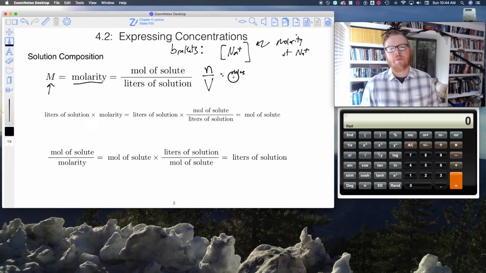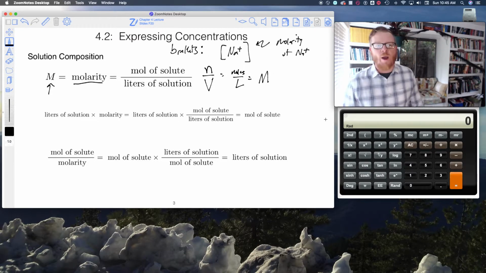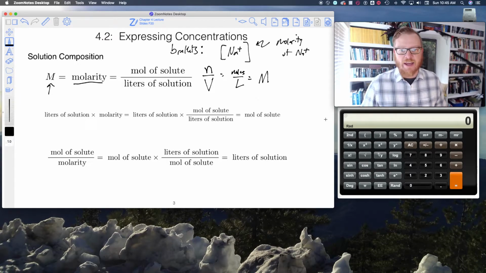So moles per liter equals capital M. I'm giving you several different ways; this is common in science, where we have several different ways of expressing the same thing.